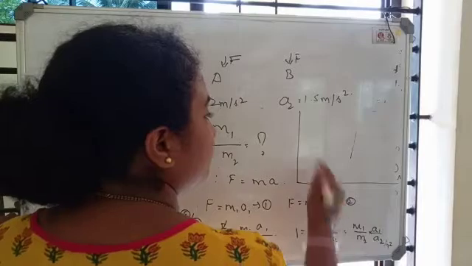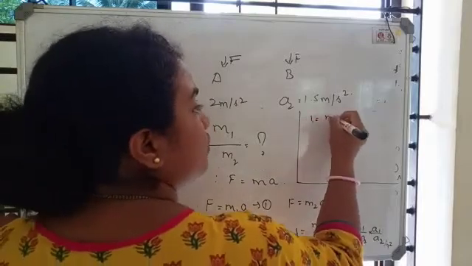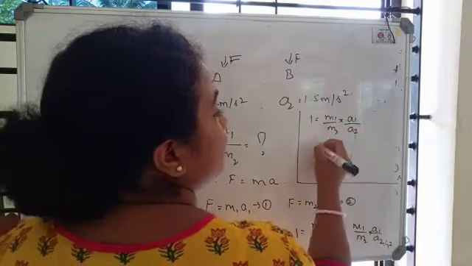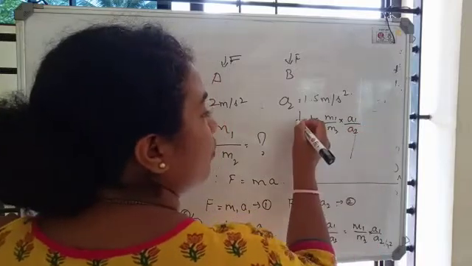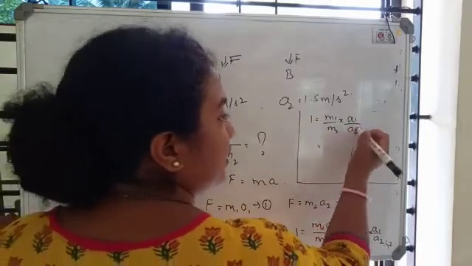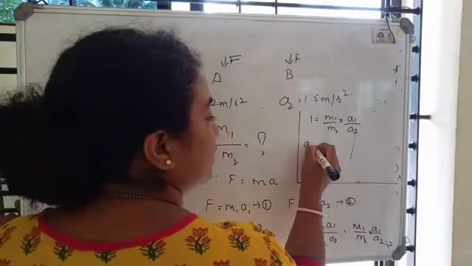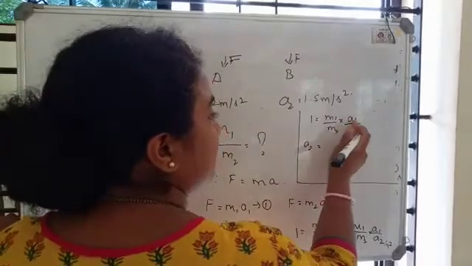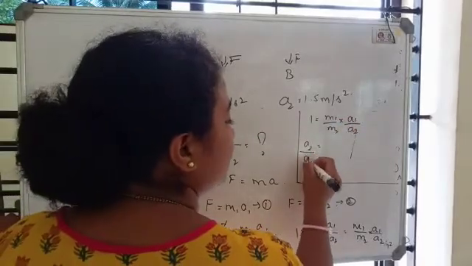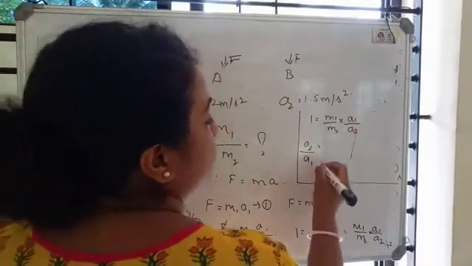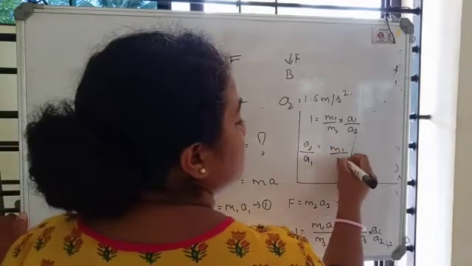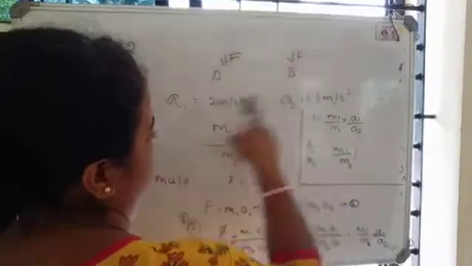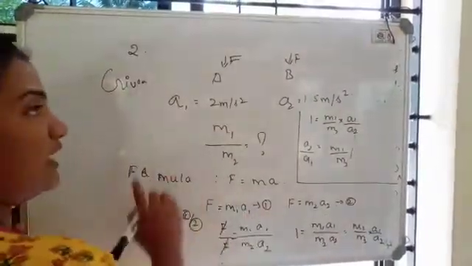Continuing from here, 1 is equal to m1 by m2 into a1 by a2. a2, which is in the denominator, when brought to this side comes to the numerator, and a1, which is in the numerator, when brought to this side becomes divided. So a2 by a1 is equal to m1 by m2. Do you know the values of a2 and a1? Yes.